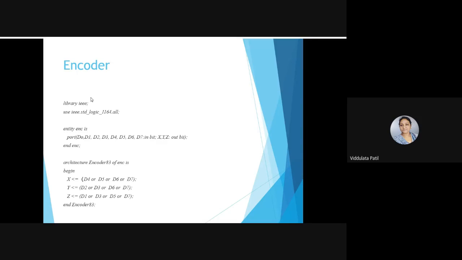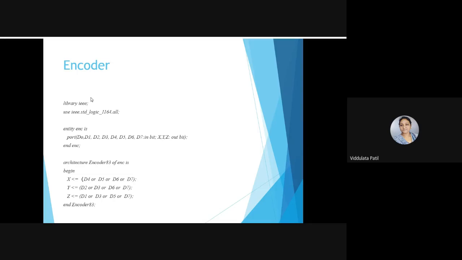Now remember that whenever we write a boolean expression, we write it as d4 plus d5 plus d6 plus d7. That means for the ORing operation we use the plus sign in boolean expressions. But when you are writing code, you need to use the keyword specified for the ORing operation, and that is OR.